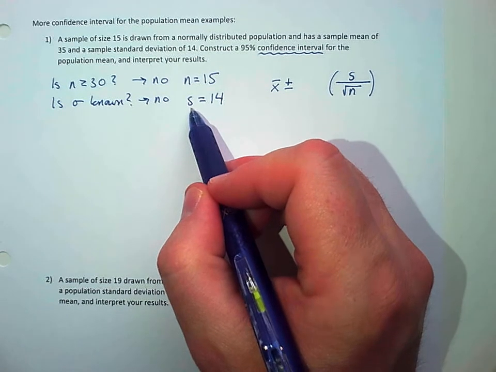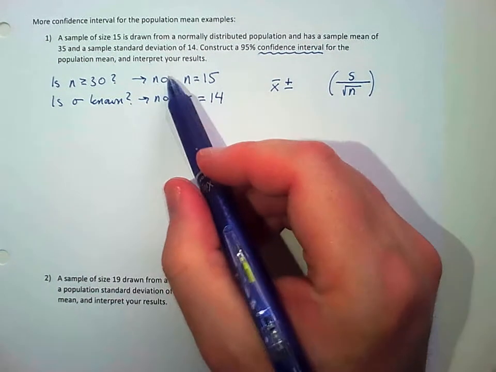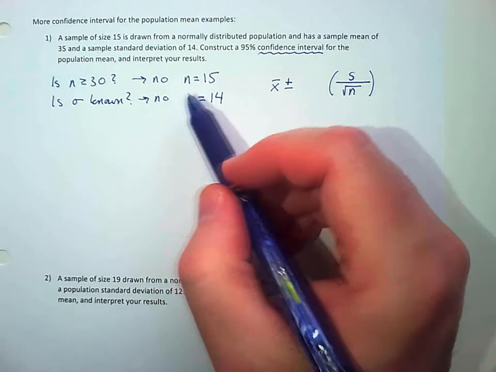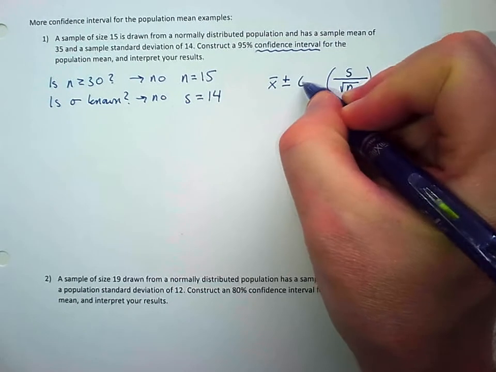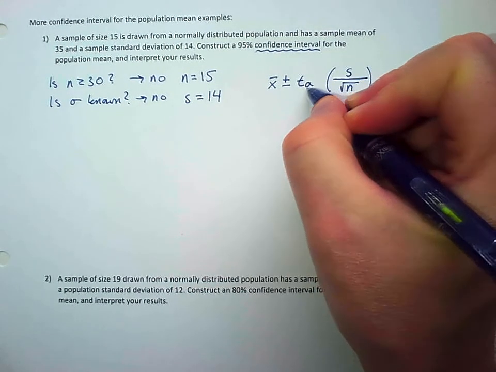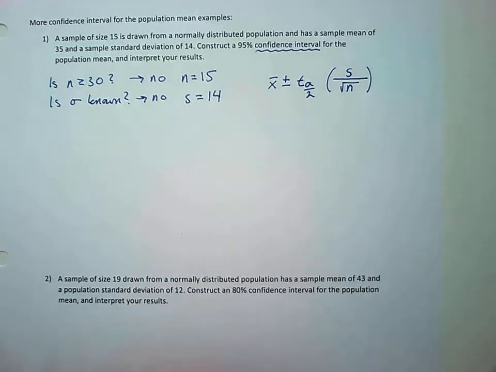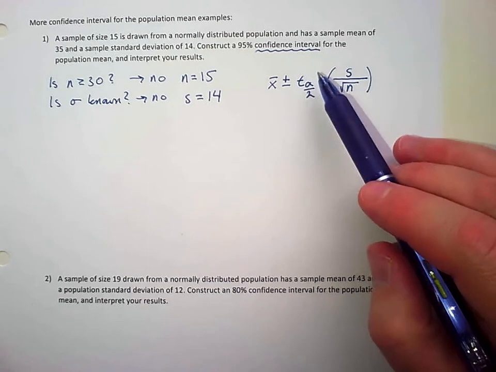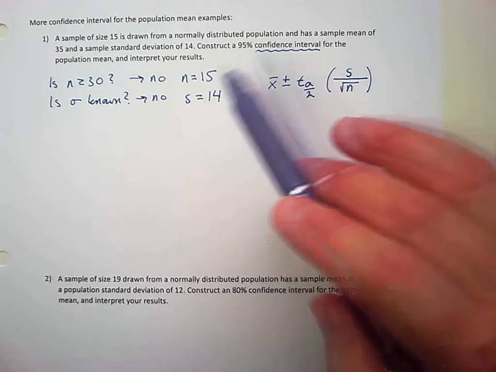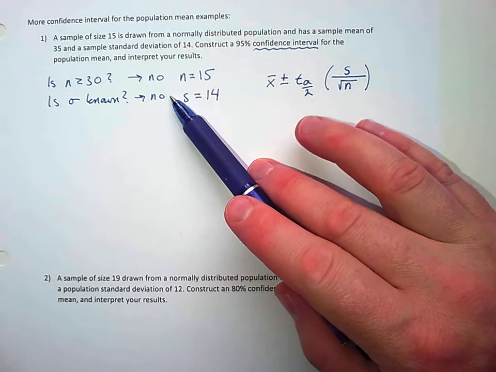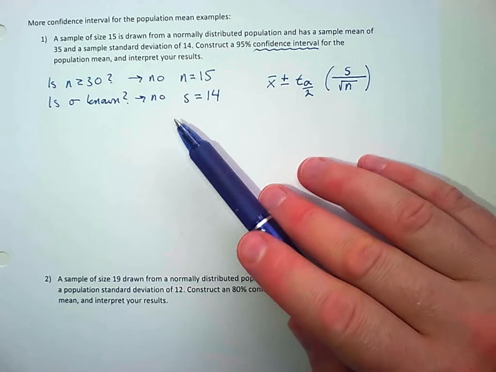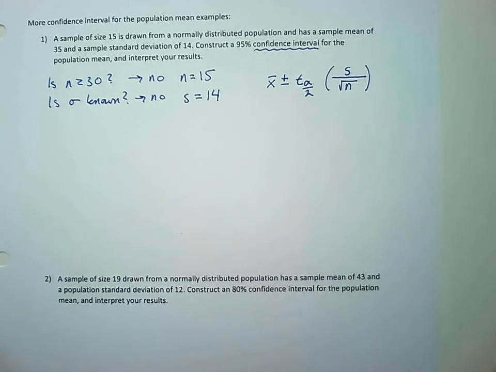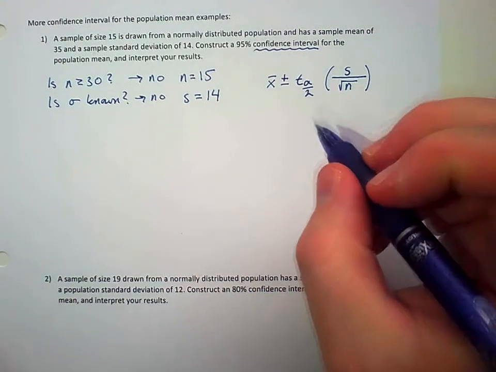But now right here, since we answered no to both of the questions, this is the only time that we would ever use t sub alpha divided by 2. Again, the only time that we're going to use t here is if we answer no to both these questions. That's why it's so important to start these problems off by answering those questions.